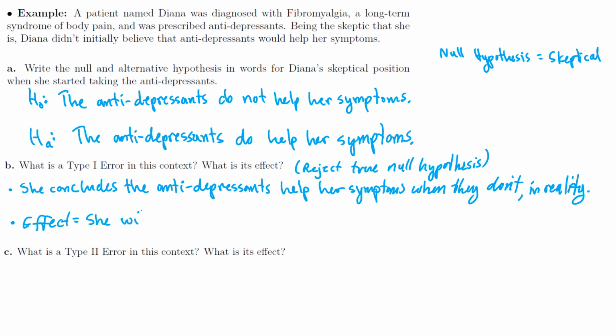She will continue with the medication needlessly. And I would say there's two main things that jump out here. She will continue with medication needlessly, right, at least for a while.